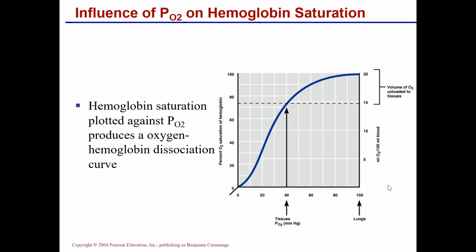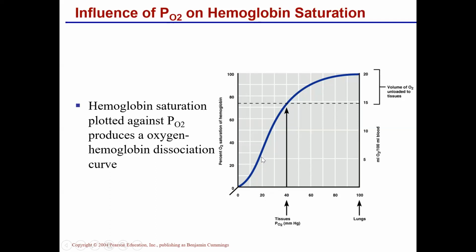If you look at this curve, from oxygen pressure 20 to 60, in this range, you change the pressure a little bit and you can change the saturation a lot, because this part of the curve is steep.